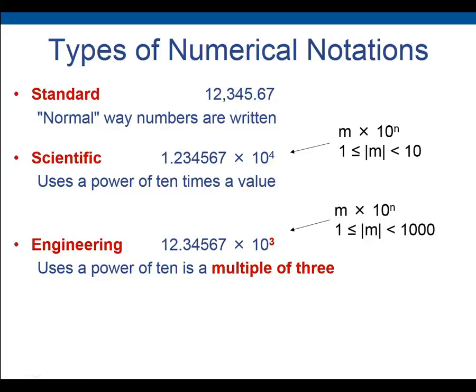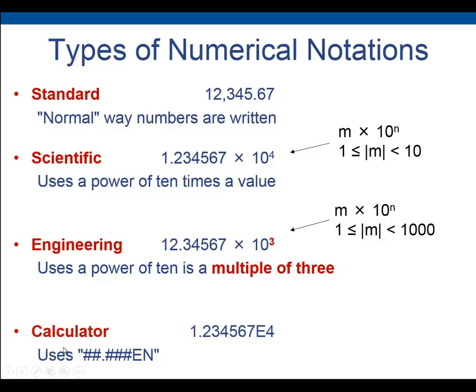Many of you may not be familiar with engineering notation. Engineers often use SI prefixes, such as kilo or mega, to avoid long strings of zeros that are difficult to read. So engineering notation is specifically designed to make it easy to recognize the appropriate SI prefix.